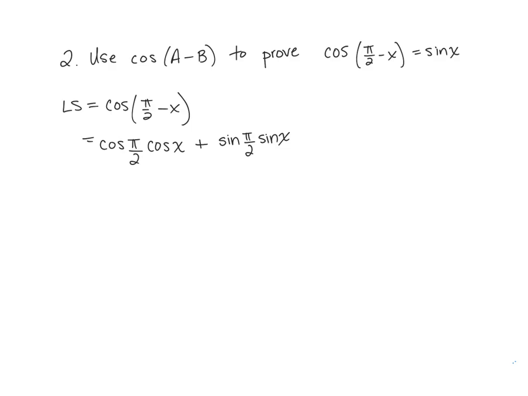Okay, and I'm hoping, looking at this, we can see I can calculate cos of pi by 2. I can calculate sine of pi by 2. However, I am unable to calculate sine x because I do not know the value of x, and I cannot calculate cos x. So we want to make sure that we calculate the values that we are able to.